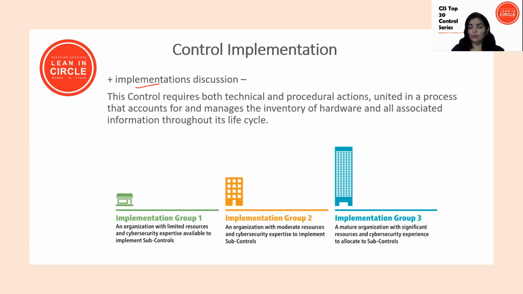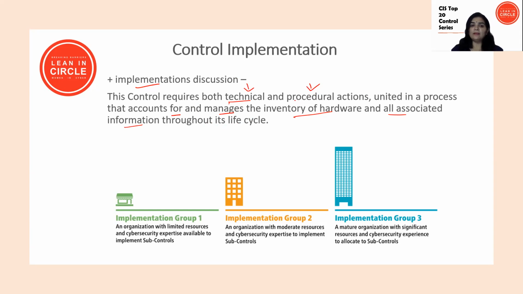Implementation of the control. This control requires both technical and procedural actions united in a process that accounts for and manages the inventory of hardware and all associated information throughout its life cycle. So this implementation involves technical and procedural actions.